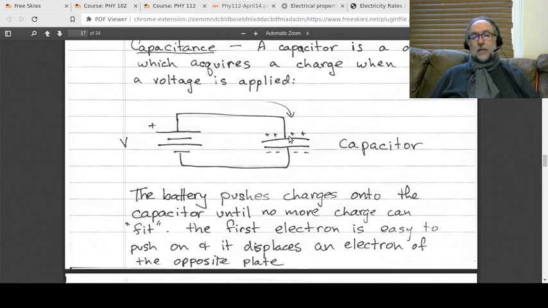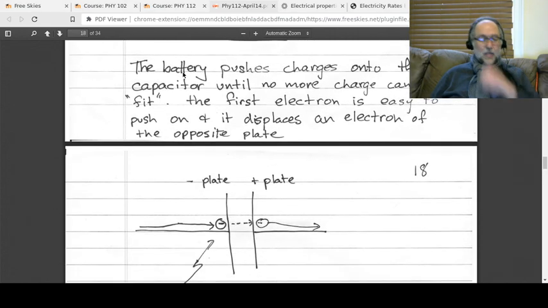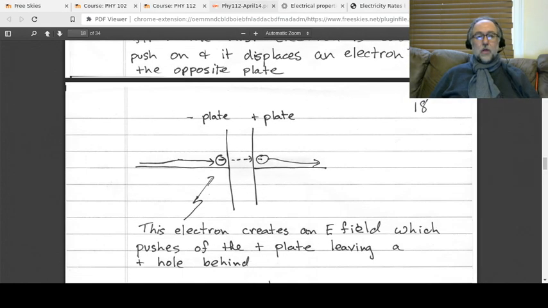Okay, so basically the side of the capacitor which is hooked up to the positive part of the battery acquires positive charge, and the part of the capacitor which is hooked up to the negative side of the battery acquires negative charge. Okay, now what's going on here is basically your battery is doing the pushing. You might ask the question, why can't it just keep pushing more and more and more charges on there? And the answer is it can't.